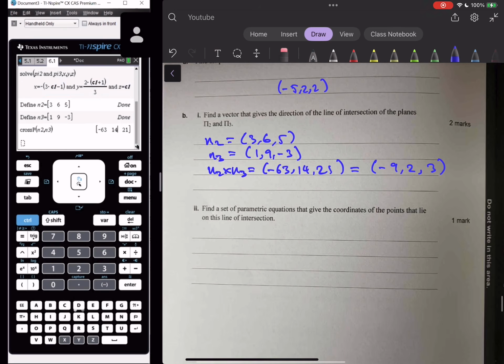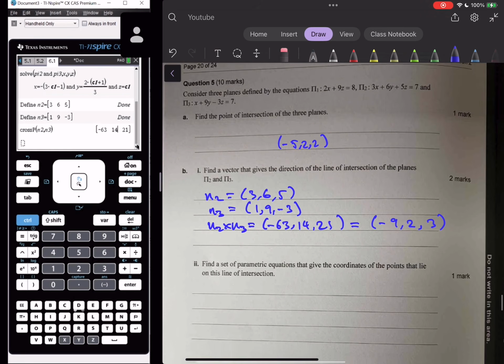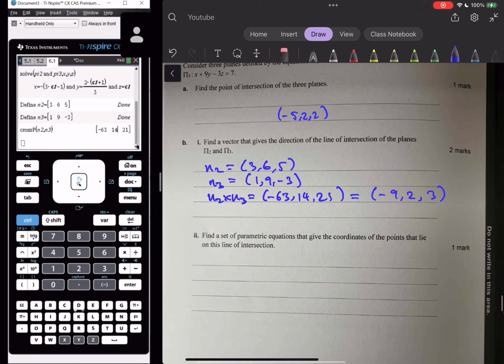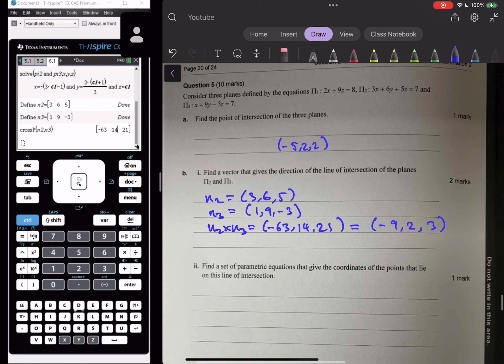Okay. Part 2, find a set of parametric equations that give the coordinates of the points that lie on this line of intersection. Well, we need x equals something, y equals something, z equals something. Do we know a point that this passes through?